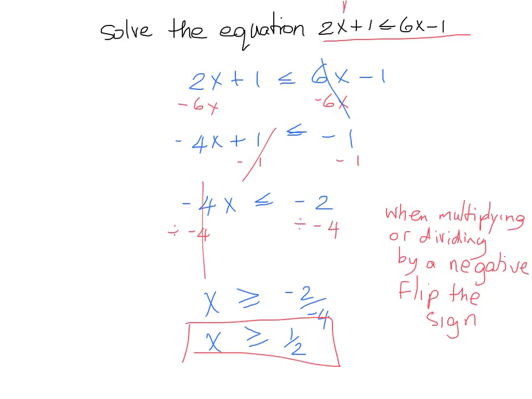If x was 1, we would get on the left side 2x plus 1 gives us 3, and on the right side, 6x minus 1 is equal to 5. And it is true that 3 is less than or equal to 5. So therefore we know that flipping our sign was a good idea, and x is in fact greater than or equal to a half.